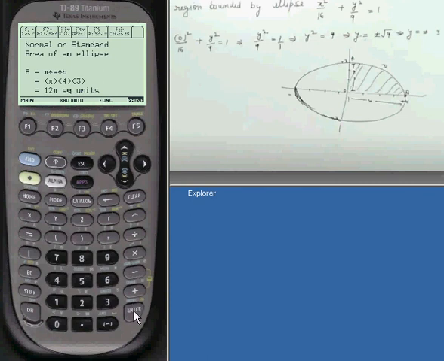Now we're going to go through a whole page of calculations, so let calculus do its pathetic thing here. And here's the formula: area equals 4 times the integral of y dx, with 0 for the lower limit and a, which is the square root of a squared, for the upper limit.